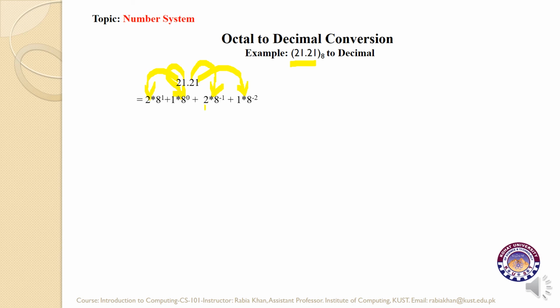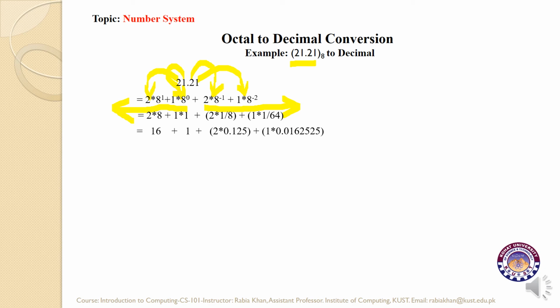So you can see the multiplication process for the fractional part moves from left to right, and for the integer part moves from right to left. After clearing up the powers, these are the results in front of you, and after performing the required calculations, the end result is this: 17.265625 is the decimal number.